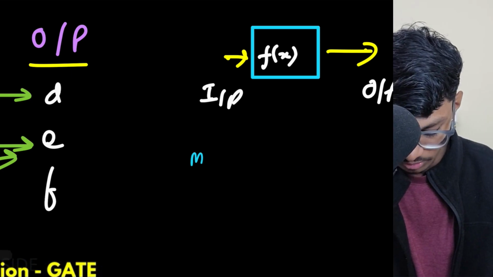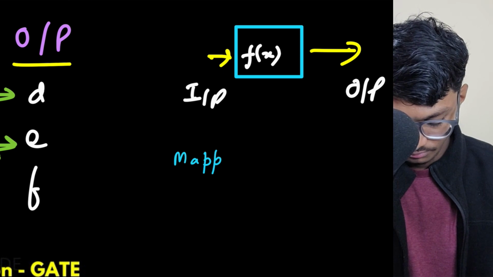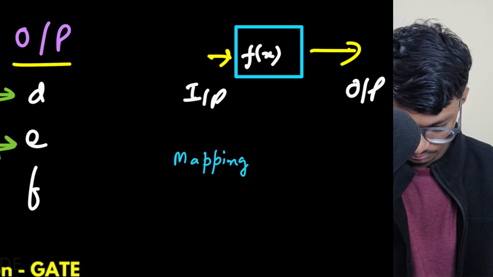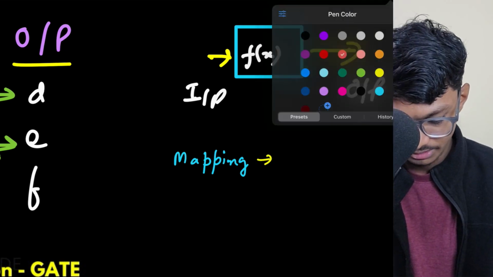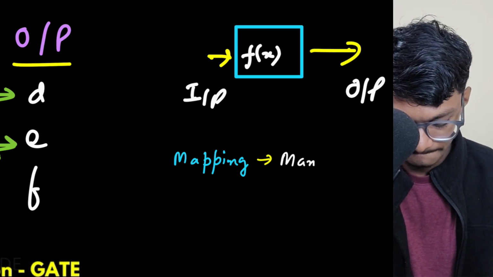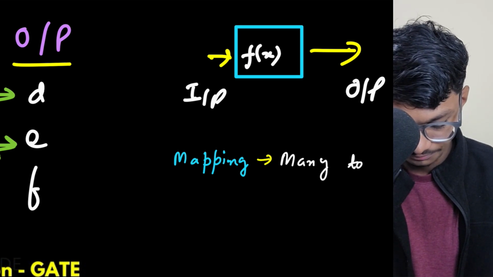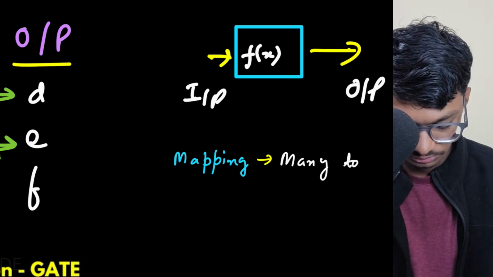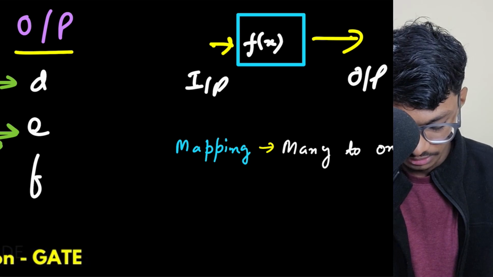Mapping, basically I'm talking about mapping. Mapping basically is many to one, or we can say one to one, right?